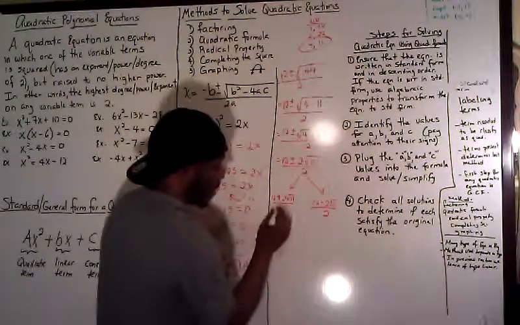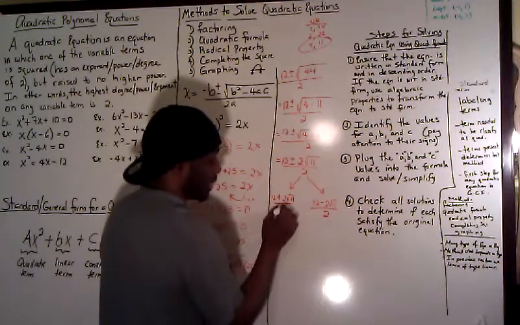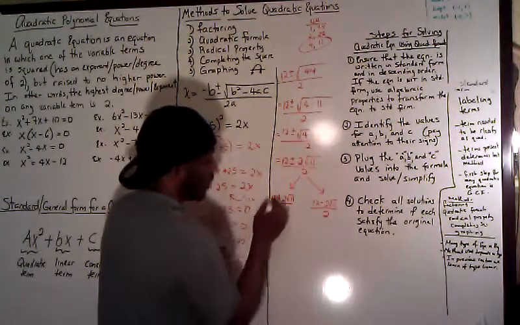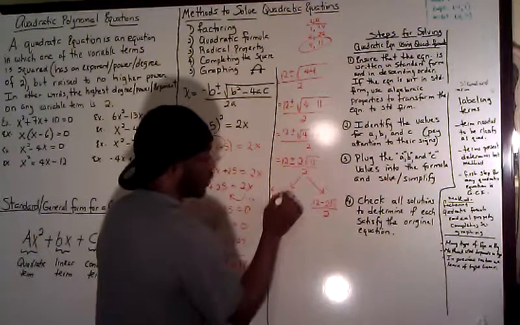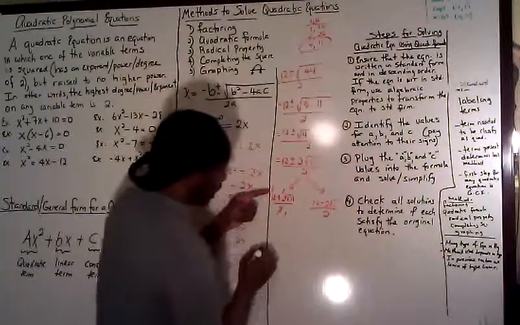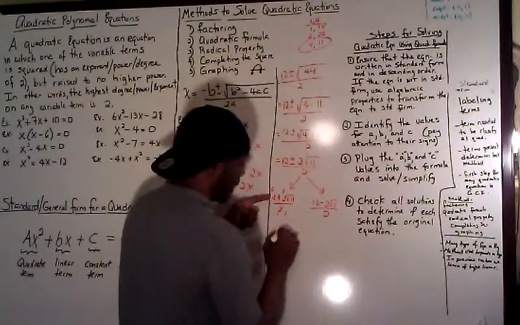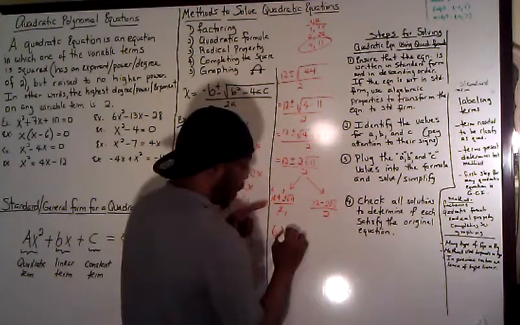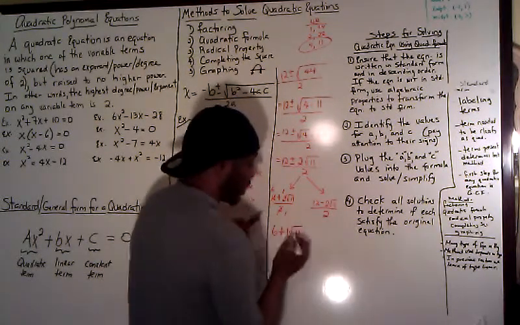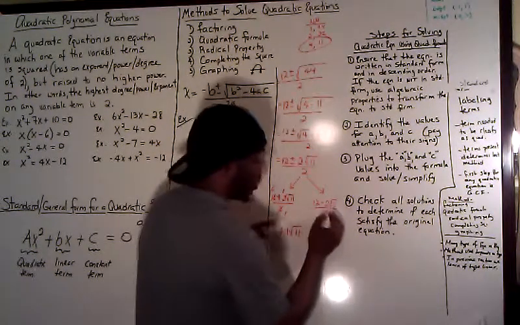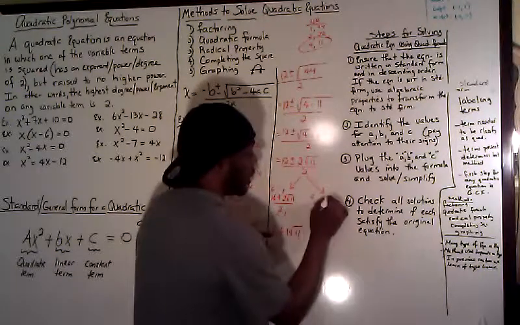So we can now go ahead and show the cancellation. 2 goes into itself once, 2 goes into 12 6 times, 2 goes into itself once. So the result that remains here is 6 plus 1 square root of 11, or just the square root of 11. That's one of our solutions.